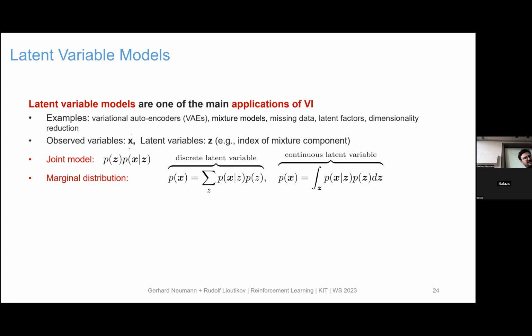But the data is only X because Z is unobserved. If we don't know Z, we cannot optimize the likelihood of it. But we can optimize the likelihood of the marginal distribution of X, p of X. We know how to compute marginal distributions: we just integrate out the unobserved one, either using a sum in discrete spaces or an integral in continuous spaces.